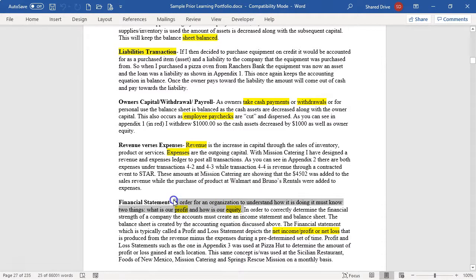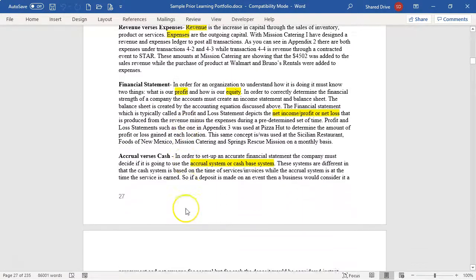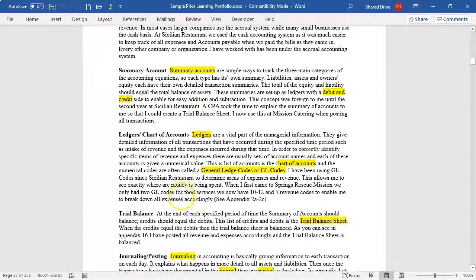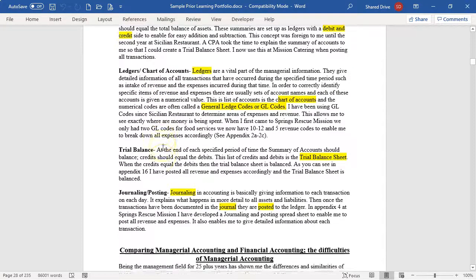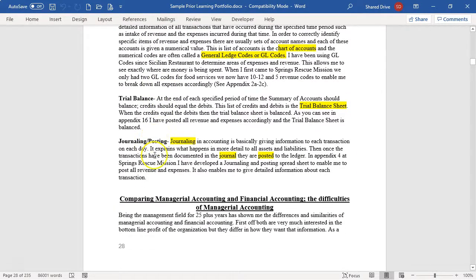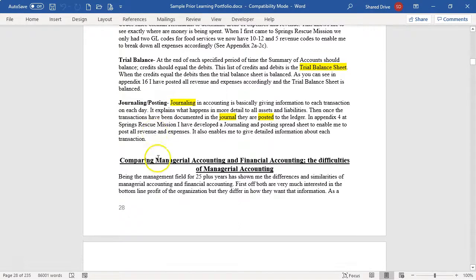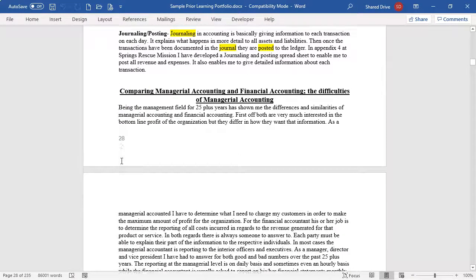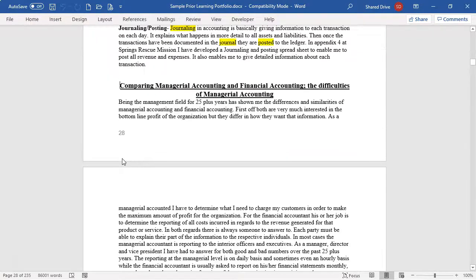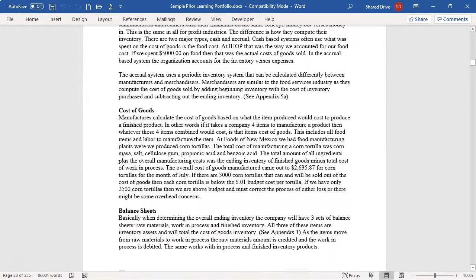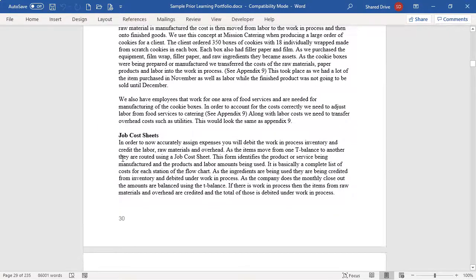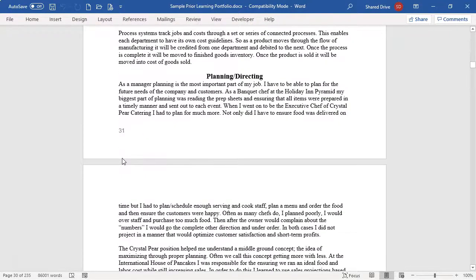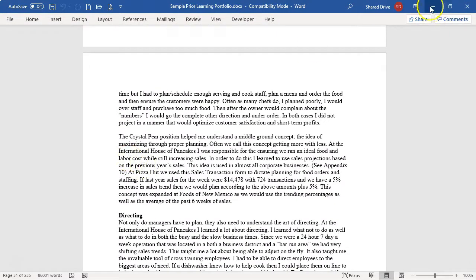That's a pretty big picture thing. So he showed mastery of that, and then he explained all these different concepts. He even went through and explained managerial accounting compared to financial accounting, and a lot of these other things. So that's what you're trying to do.